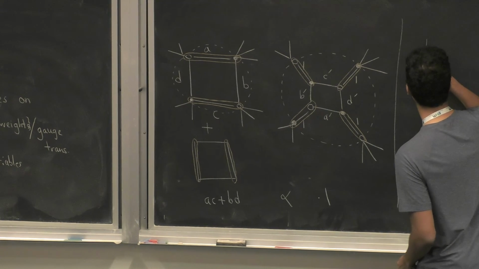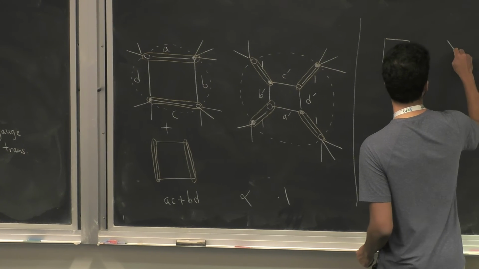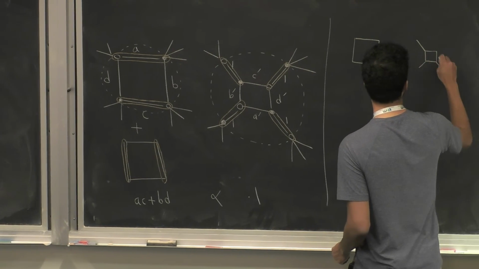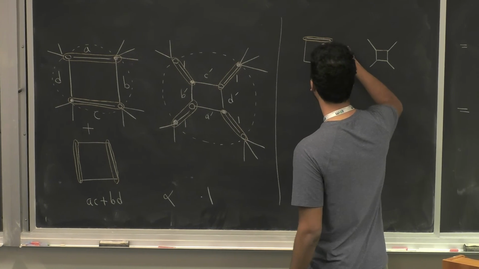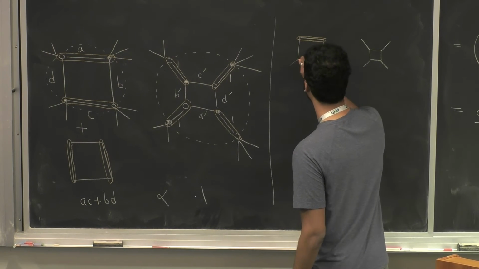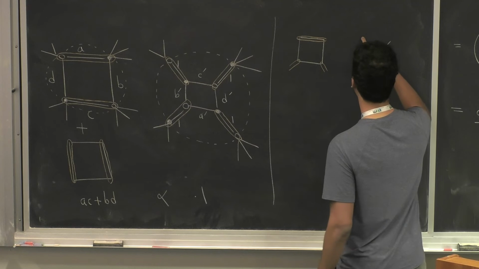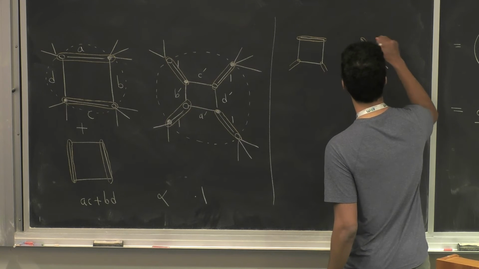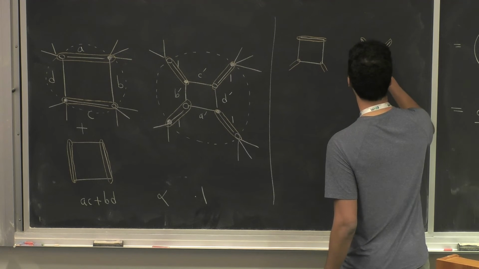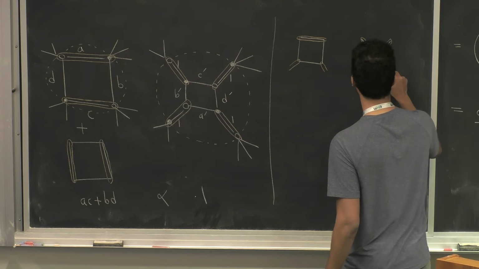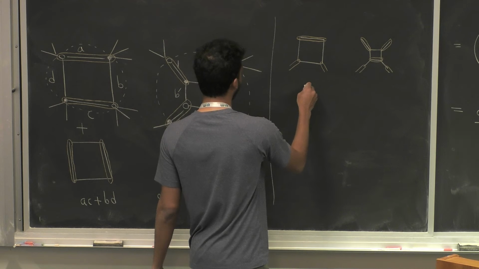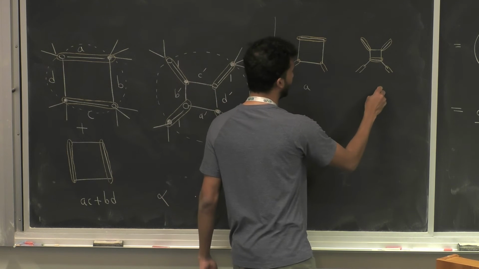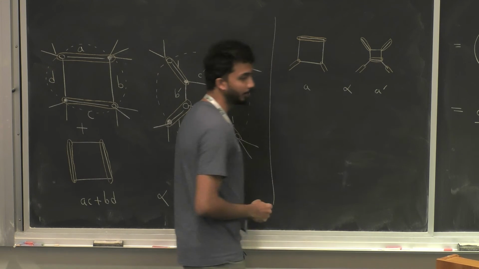You have other cases. Another case is where you have a dimer here, and then these vertices are matched somewhere outside. Then you want to use both of these edges, and then these guys are still matched somewhere outside. So this perfect matching has weight A, and this has weight A prime, and you want these to be proportional.